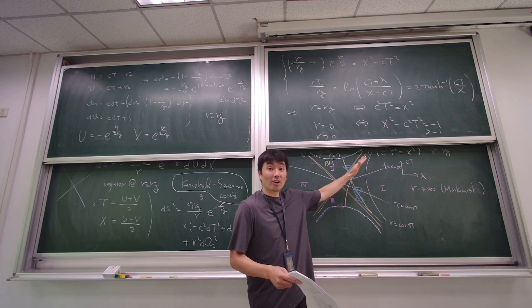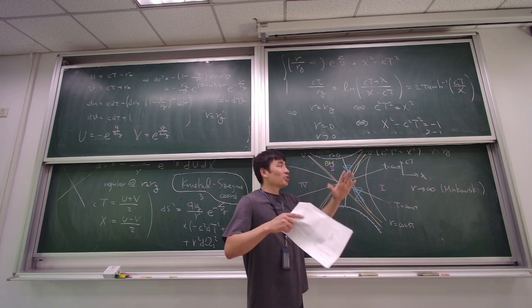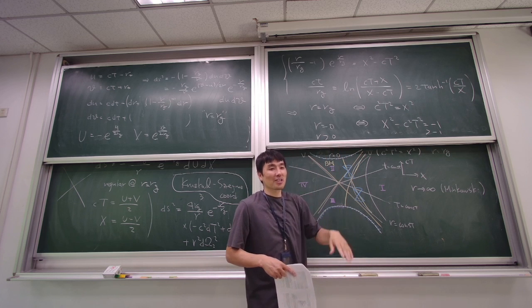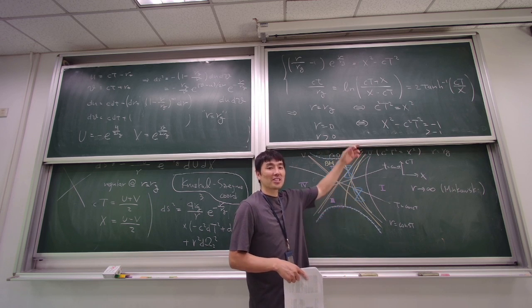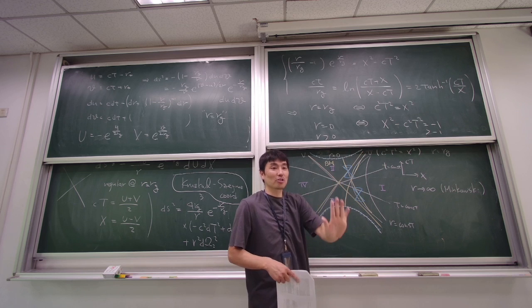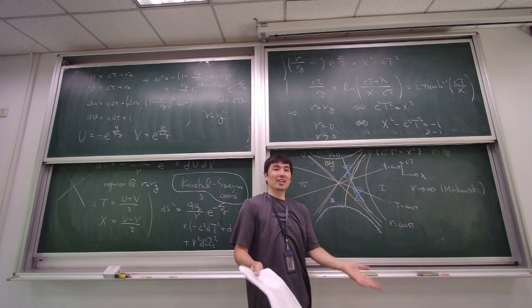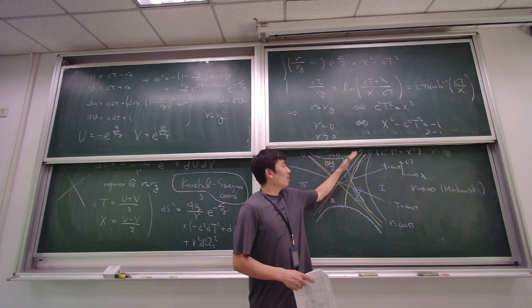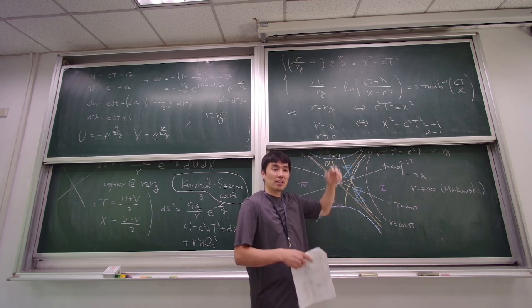R equal to R_G is called the event horizon. People sometimes confuse black hole with the singularity, R equal to 0. That's not true. All the area inside the event horizon is called the black hole. So inside a black hole, there's some singularity.